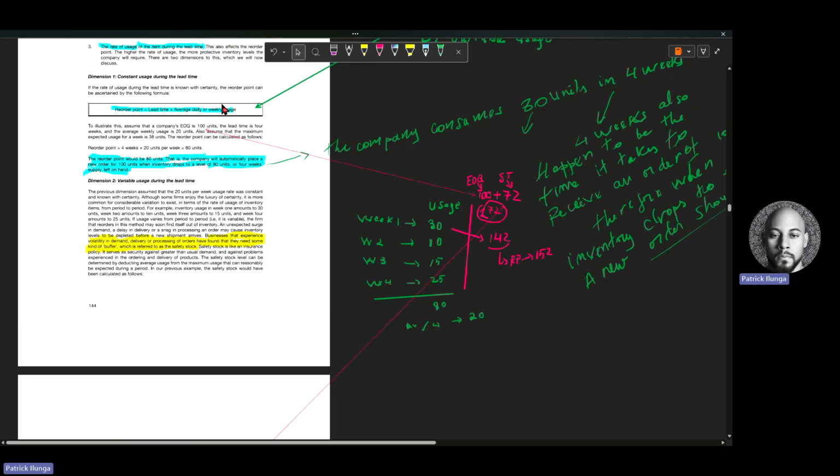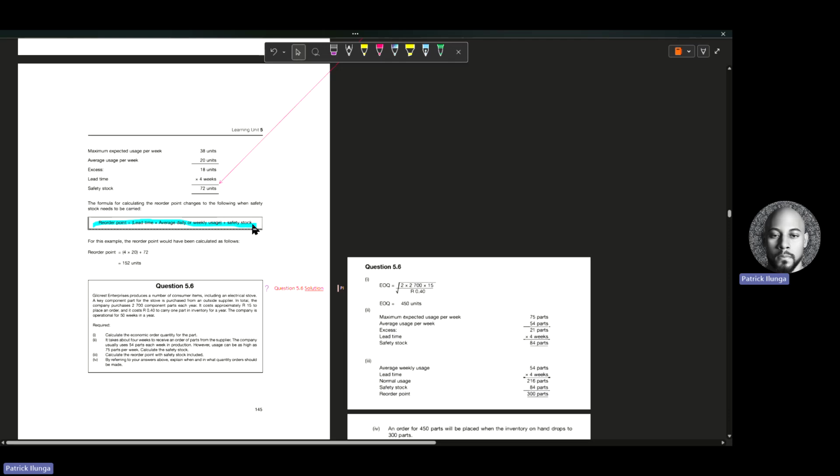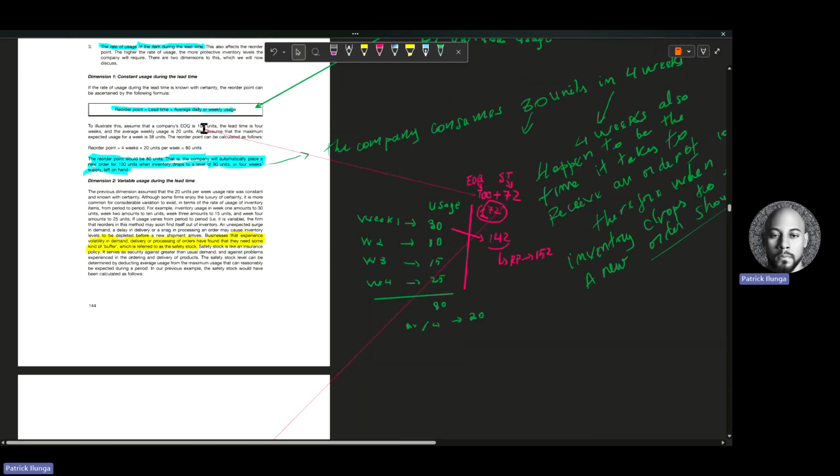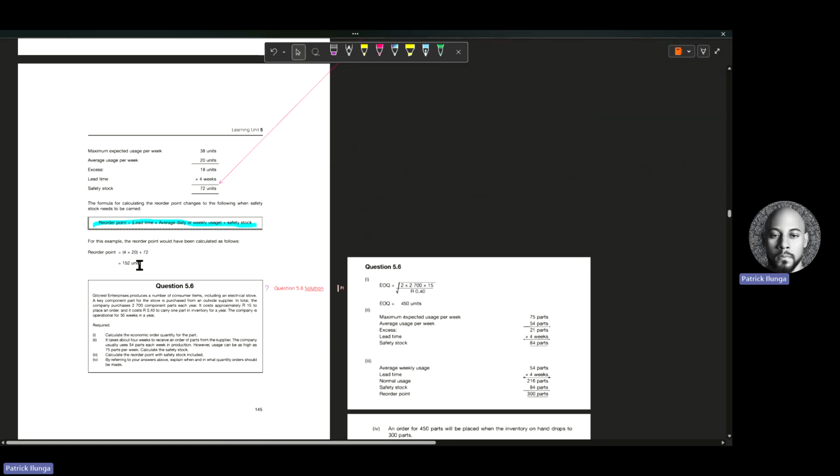The only thing you do is add the safety stock. So you take the formula for the constant plus the safety stock, and we know the safety stock is 72. Remember that the reorder point when it's constant is 80. 80 plus 72 gives you 152. So that's the reordering point.